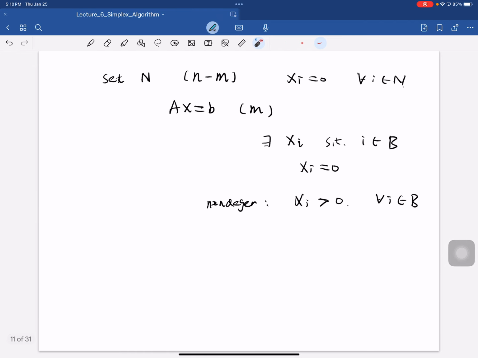So we are not going to deal with degeneracy, because if we want to deal with degeneracy, we will need 2 or 3 more lectures. Yes? Can't you get a problem without degeneracy from a problem with degeneracy? So if your defining equation for the problem is Ax equals b, can't you perturb A or b by an arbitrarily small amount to get a problem without degeneracy from a problem with degeneracy?